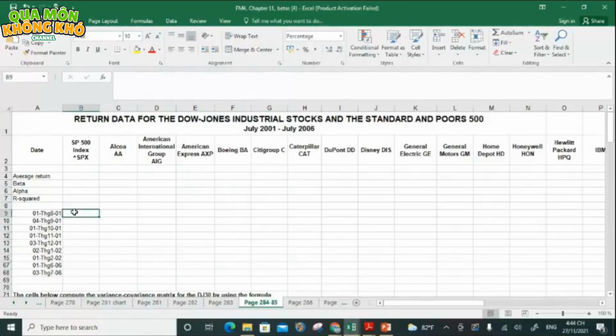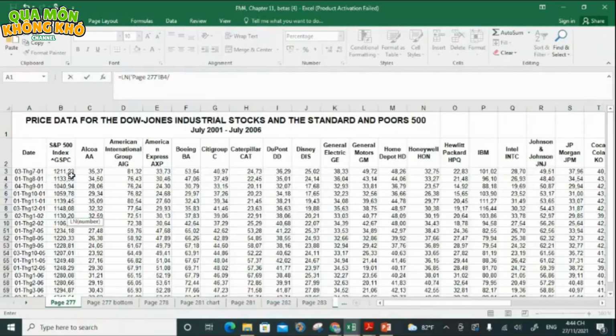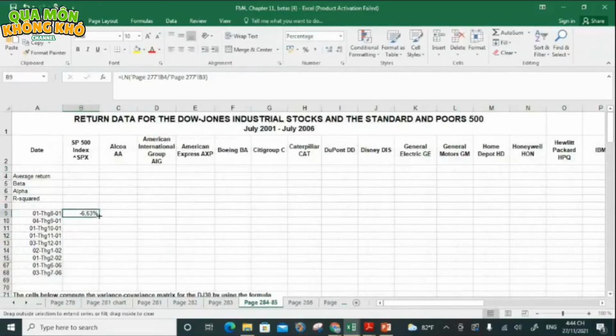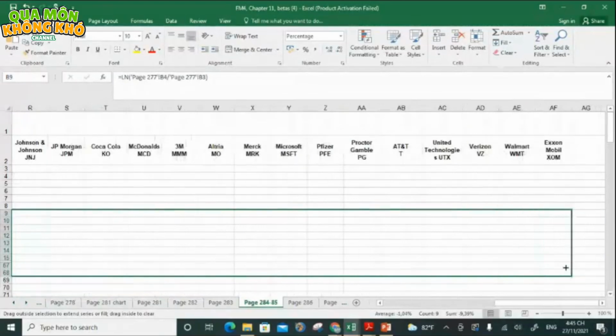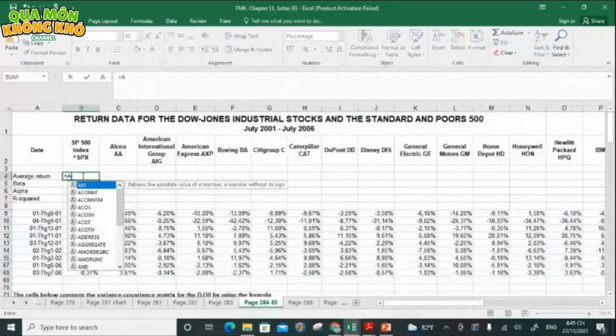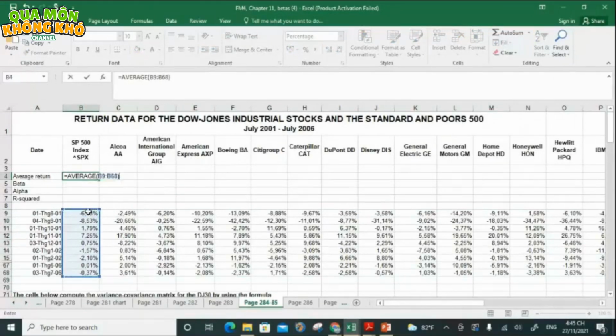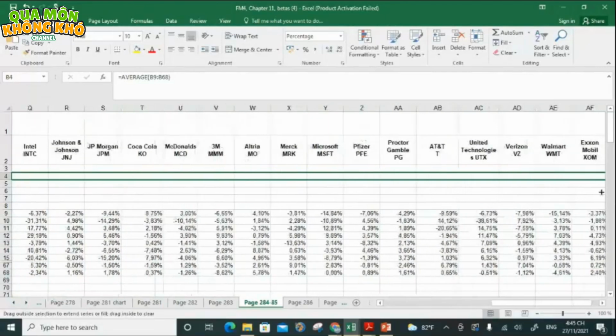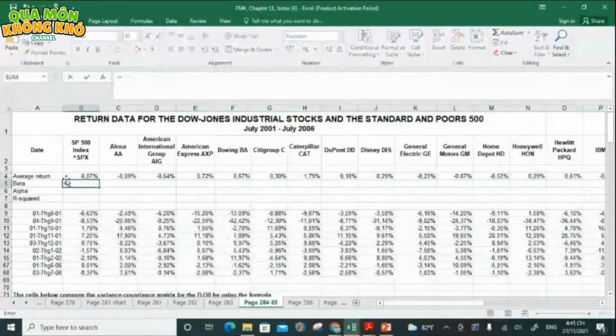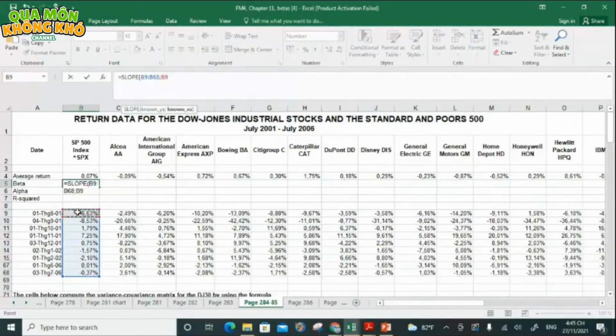And right here S&P, and the beta, fix it, also the intercept and the R square.